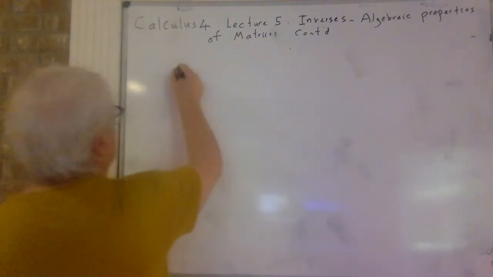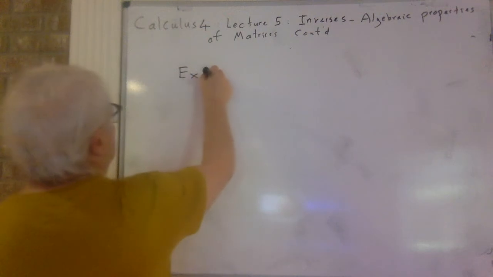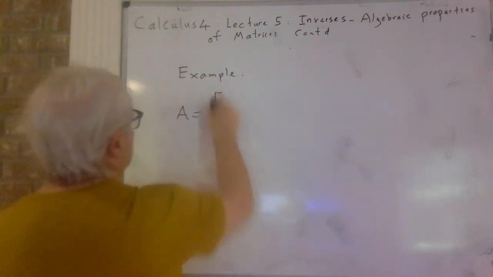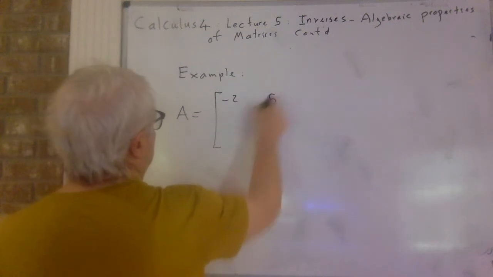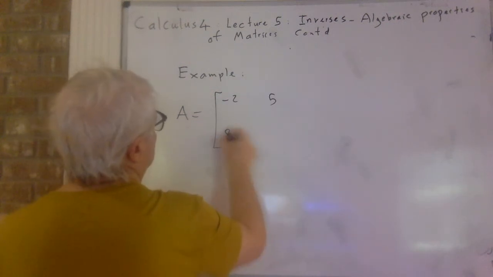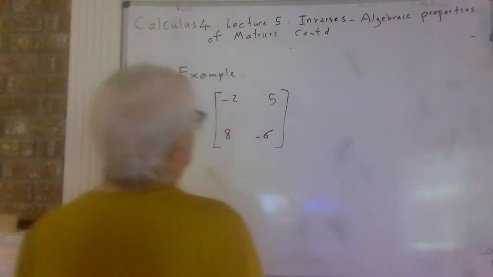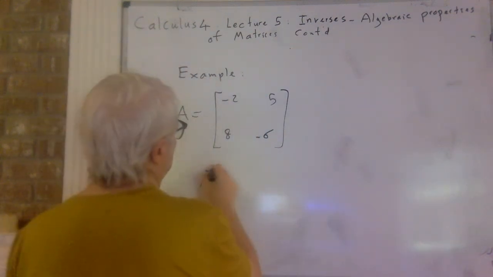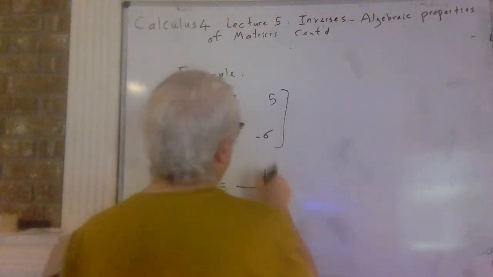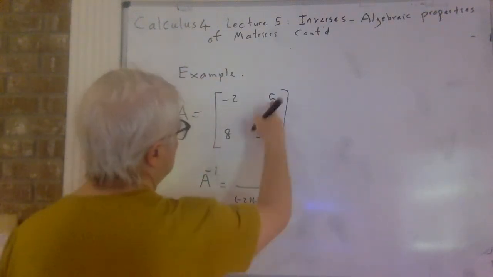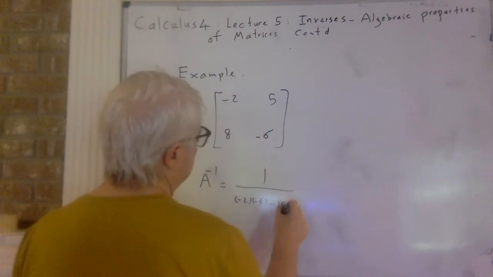So, let's write an example. If A is minus 2, 5, 8, minus 6, something. Then A inverse, what was that? A inverse was 1 over this times this, minus 2 times minus 6, minus this times this, 5 times 8.